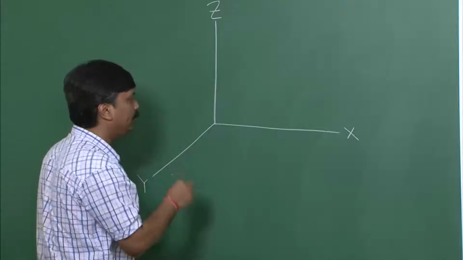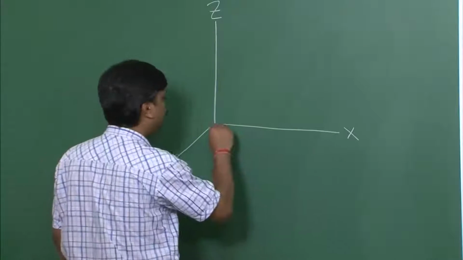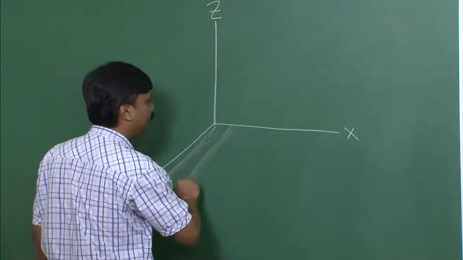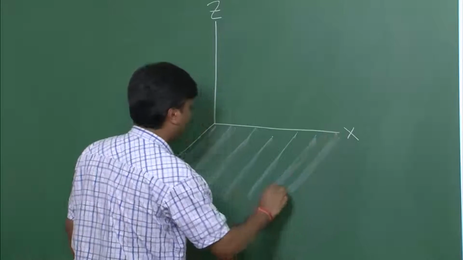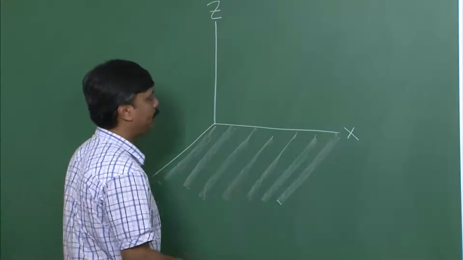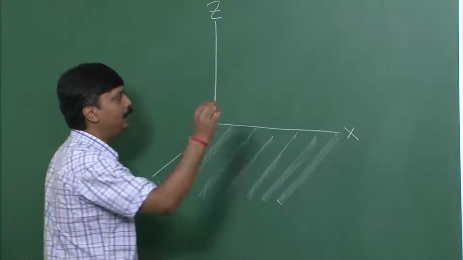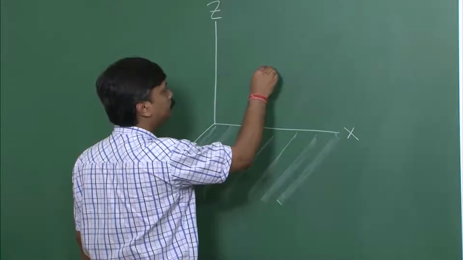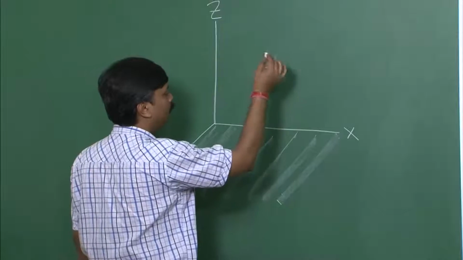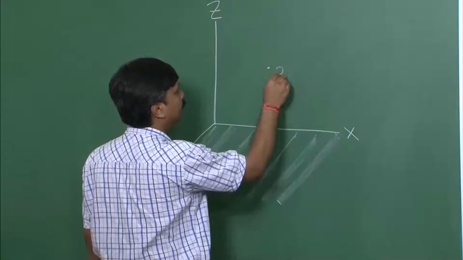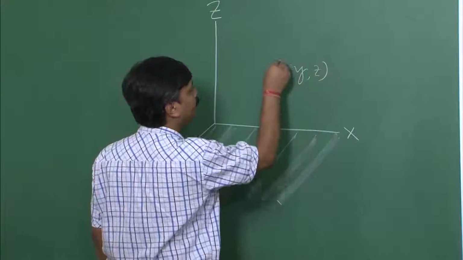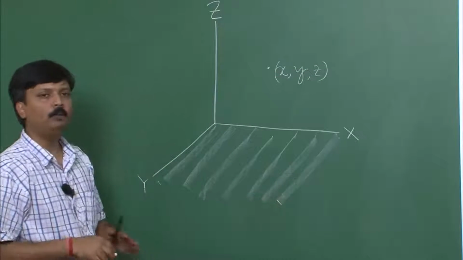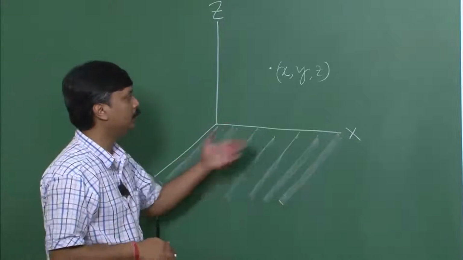Say for example I take my xy plane. So xy plane, how can I depict it? So this is my xy plane, okay. Now I have any general point here, okay. So let me say its coordinate as x, y, z. Now what will be the fate of this reflection operation?